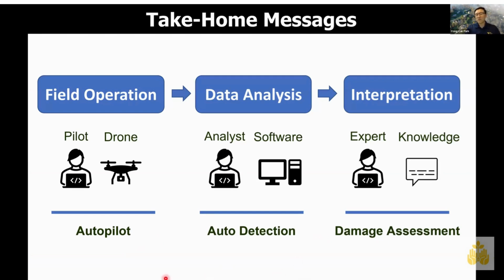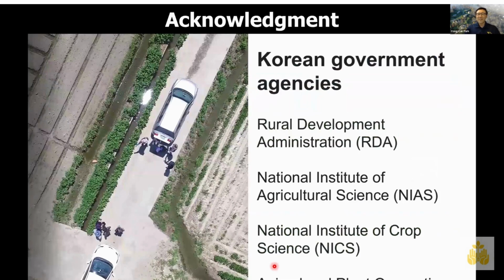So based on this, rapid assessment of insect outbreaks is possible using drones and image analysis. Surely, we are working on deep learning and machine learning to automate all of these processes. That's a near-future thing.